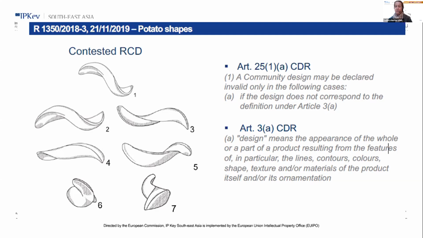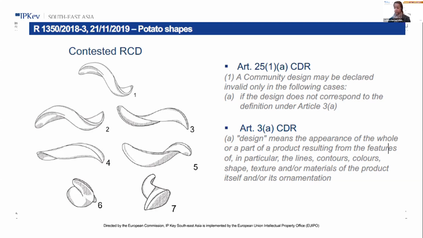And so, as a defense, he attacked the validity of the owner of the earlier design, saying that we should not have registered this design because it represented not a single product.